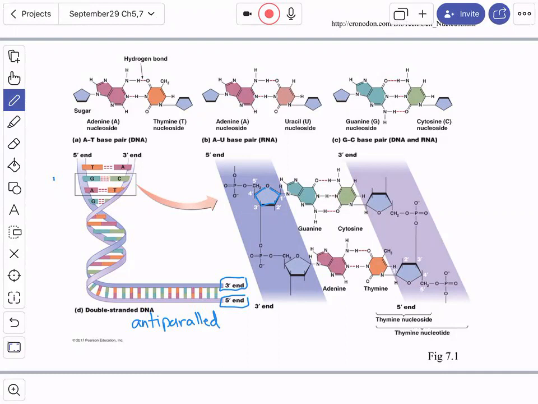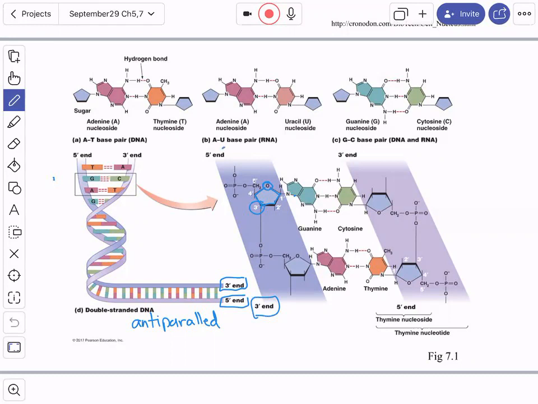And then you start counting away from that oxygen in that ringed sugar to 3. So the 3' carbon is going to be the 3' end of the strand. For 5, that carbon is going to be the 5' end.